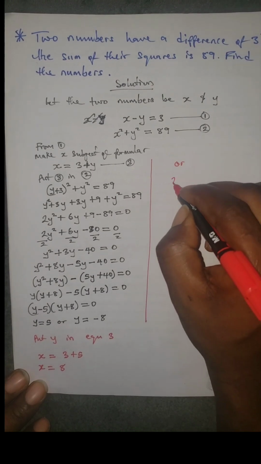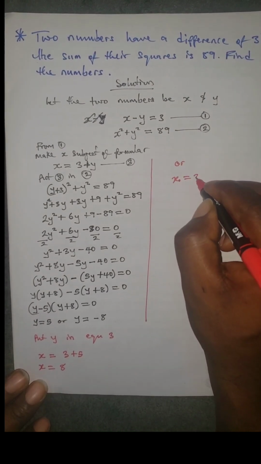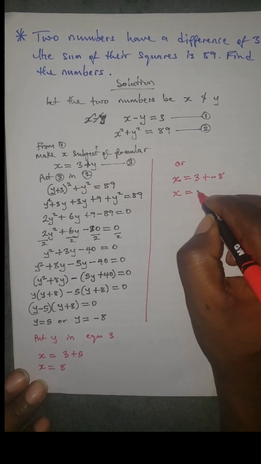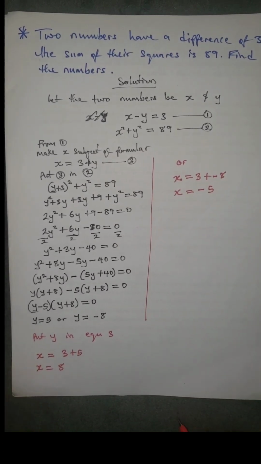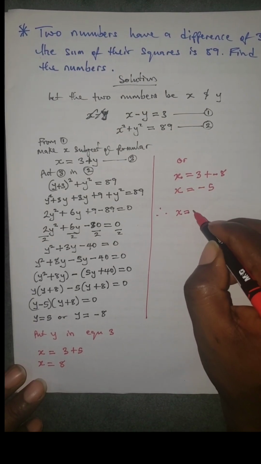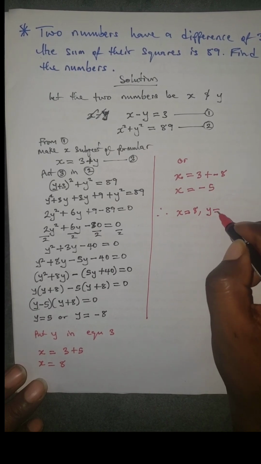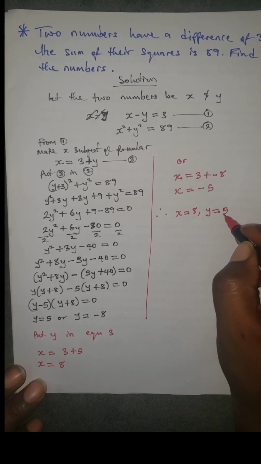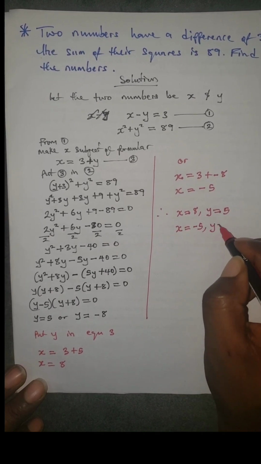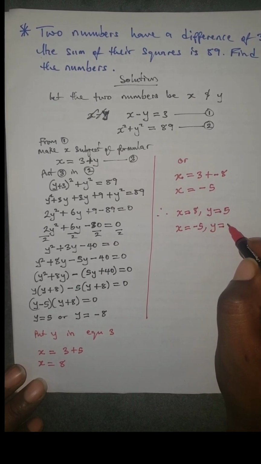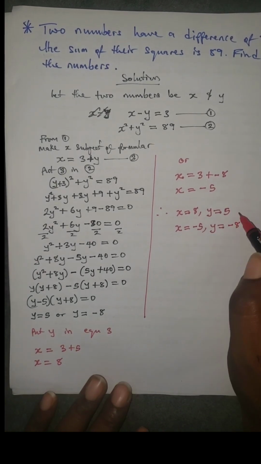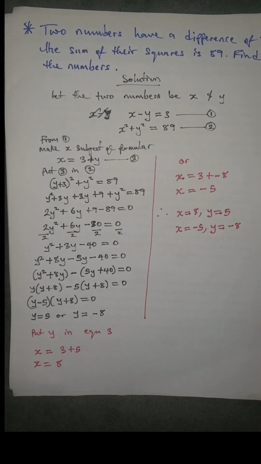Or x equals 3 plus minus 8. So x equals minus 5. Therefore, when x equals 8, y equals 5. And when x equals minus 5, y equals minus 8. Okay, so these are the solutions of our equation.